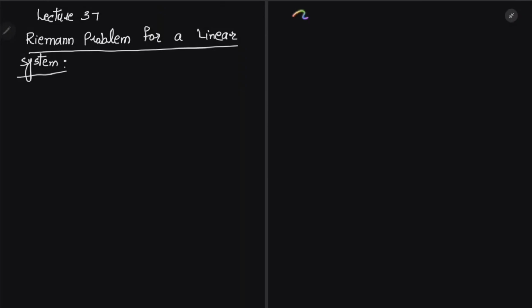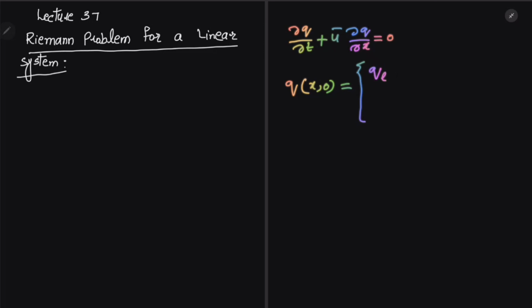We saw that if we have, for example, a scalar equation, and that scalar equation has a discontinuous solution in the very beginning, meaning at t equal to 0, then we have q left if x is less than 0 and q right if x is greater than 0.